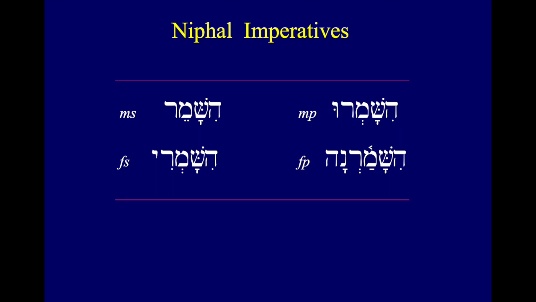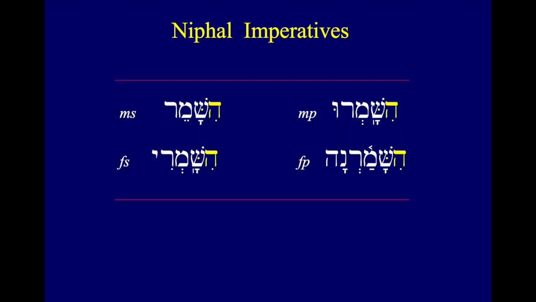But notice it's a hey with then a hirek underneath it and then a dagesh in your first letter of your root, and then you have the kametz, that long A underneath your first letter of your root. That's that Niphal triangle, except you don't have a Ni stuck on the front, you have a Hi stuck on the front. So that's our Niphal imperative. Hishamer!